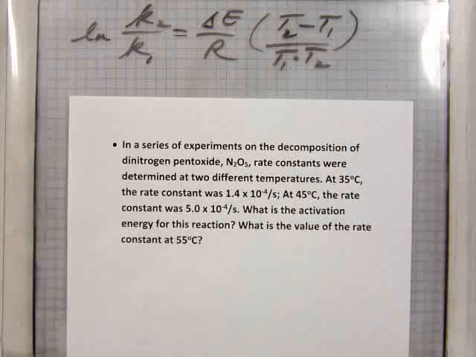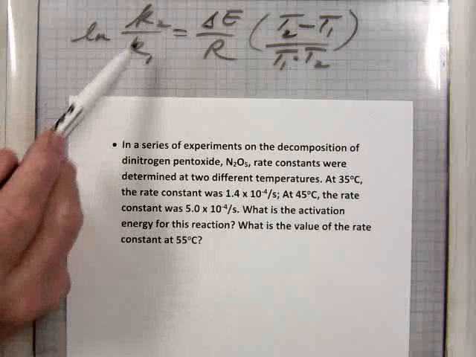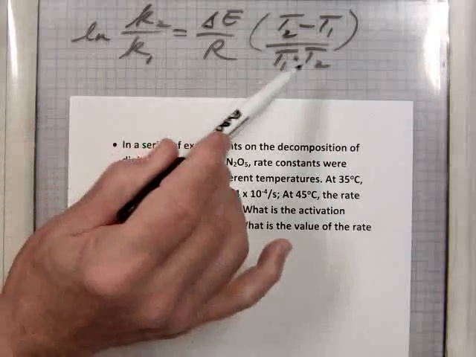At 35 degrees, it was found to be 1.4 times 10 to the minus 4 per second, and at 45, a 10 degree increase, the rate constant was 5 times 10 to the minus 4. What's the activation energy? So it's giving you the K1 and K2 at T1 and T2.